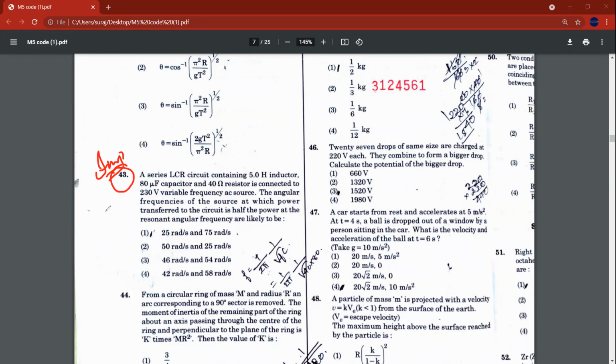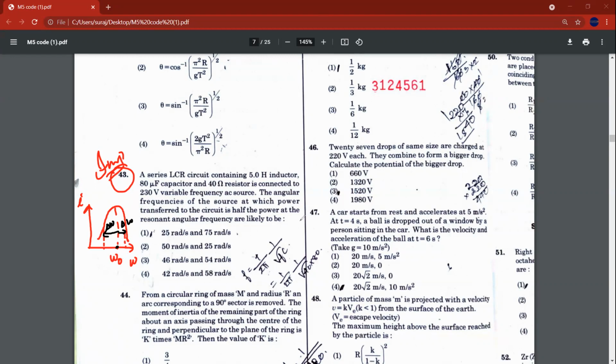If you know the graph, it was somewhat like this, I and omega. This is nothing but omega. What is it? Resonant frequency, omega naught, right? This is delta omega. This is also delta omega.